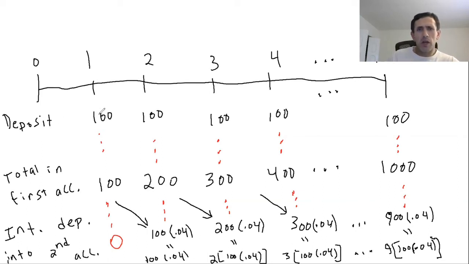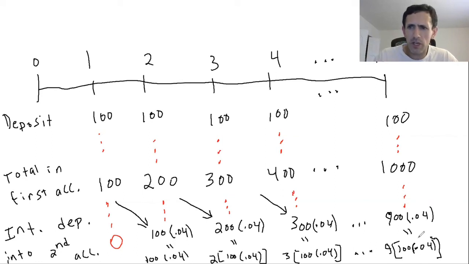Because from 0 to 1, there's no interest. You didn't get any interest because you didn't have anything in the account from 0 to 1. You only first put money into the account at the end of the first year. Okay, so after this timeline, this is fairly plug and chug.